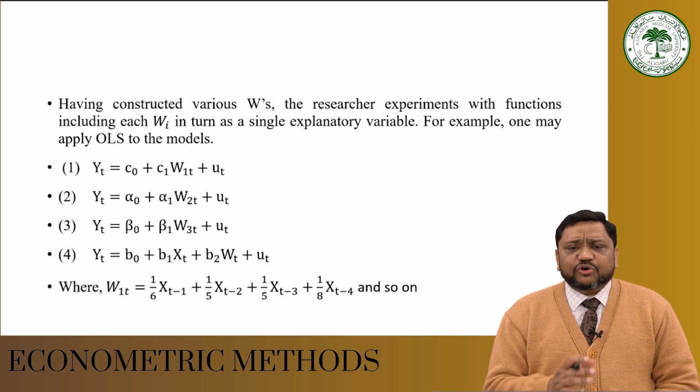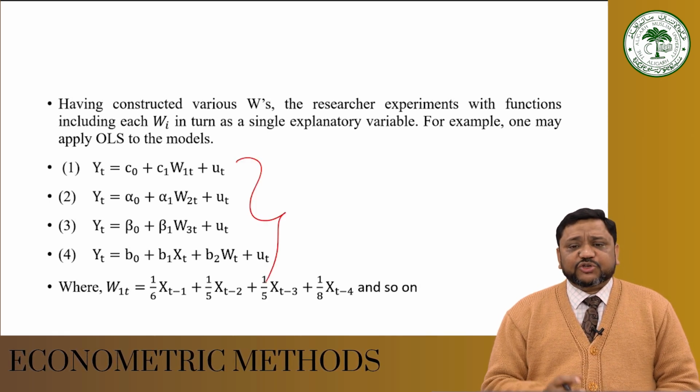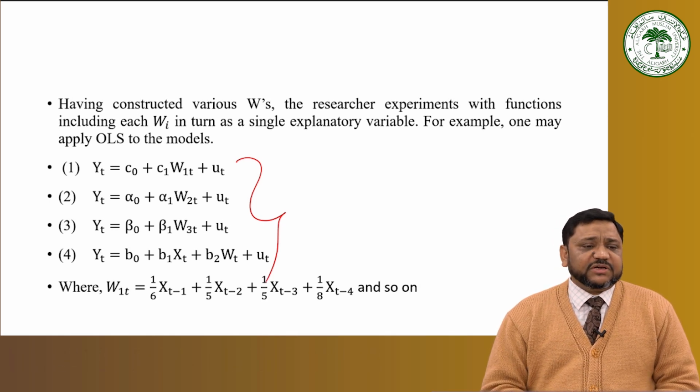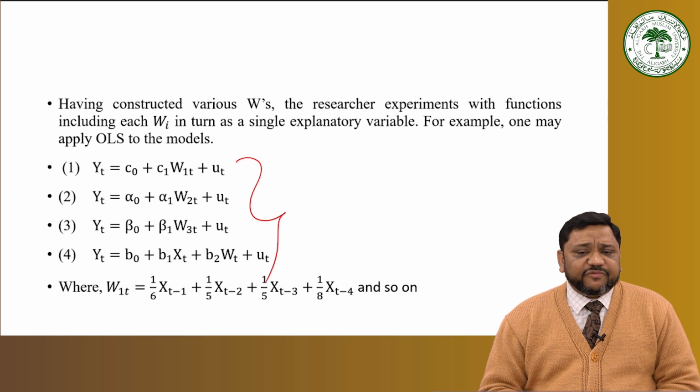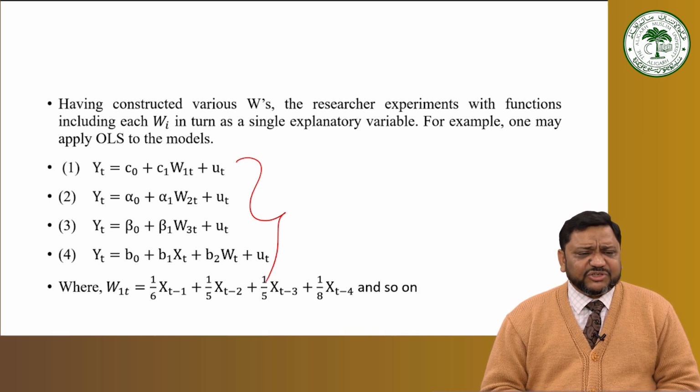The choice among these alternative models is basically based on statistical criteria, that is, the goodness of fit measured by R square and the size of the standard error of estimate. Sometimes rationalization of the choice is attempted on a priori economic considerations as well.